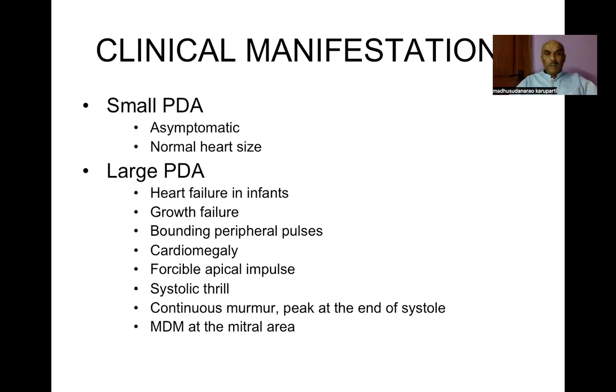On auscultation, there is a continuous murmur, peaking at the end of systole. Okay. It extends into the diastolic phase, but the intensity of the murmur is maximum around the second heart sound.